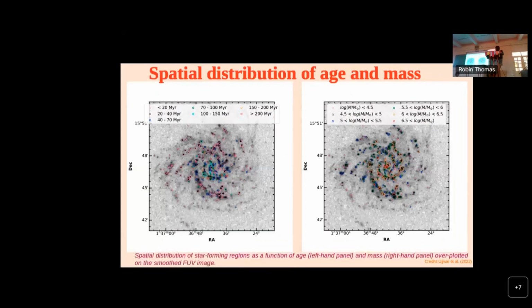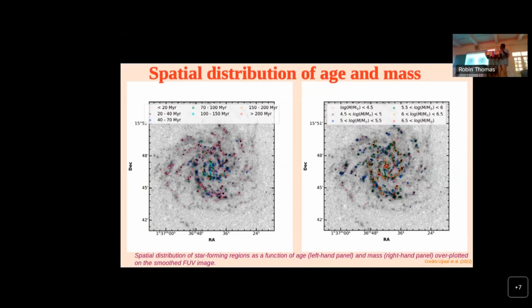So at that point, we looked into the spatial distribution of age and mass in this region. This is a UV80 image overlaid with the star forming regions identified, along with the age and mass associated. I'm not sure the color is visible for you, I will just explain it.